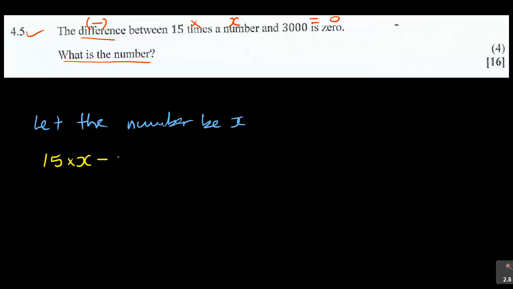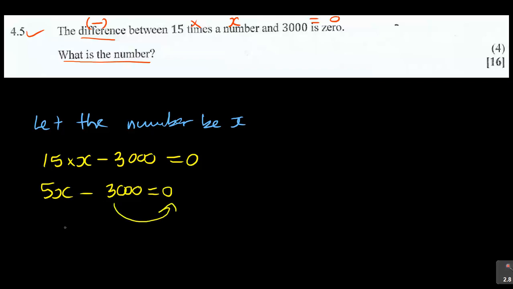So the difference, that minus 3000, is equal to 0. What is the number? So the equation there is 15x minus 3000 is equal to 0. Now negative 3000, take it to the other side of the equal sign. 15x, not 5. Now from negative it becomes positive 3000. So you have to solve for x, remember?